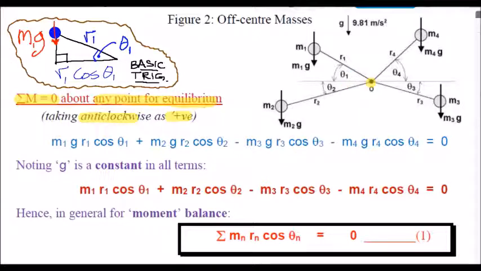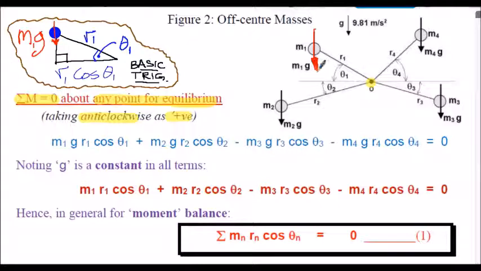Let's consider mass 1. I've got mass 1 multiplied by gravitational acceleration. That gives me a force due to that mass, and there's my force acting down. I'm trying to show that on this diagram as well. When we consider moments, don't forget, it's always the force multiplied by the perpendicular distance to the point of rotation.